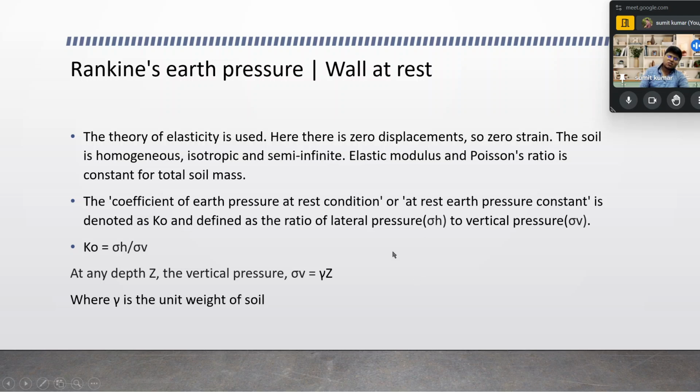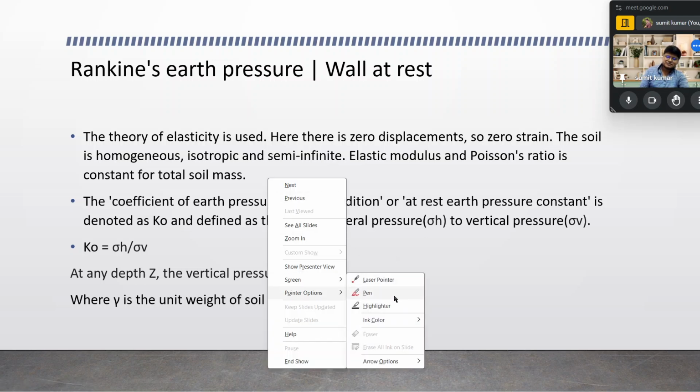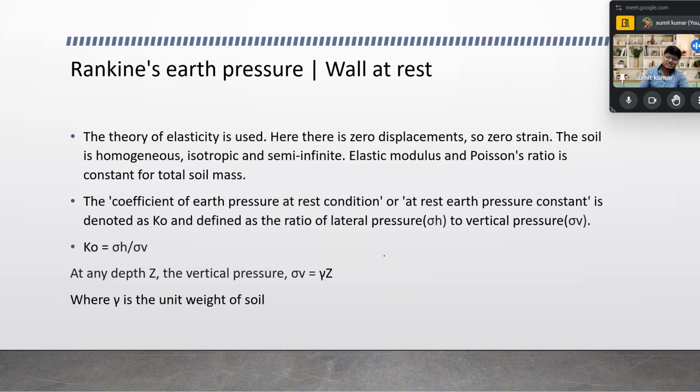The value of K naught for the rest condition is written in two ways: first in terms of the Poisson ratio, mu by 1 minus mu, and second is 1 minus sine phi, where phi is the angle of internal friction.